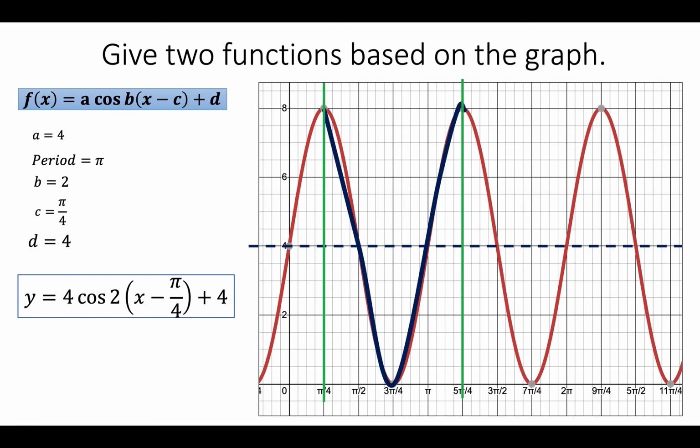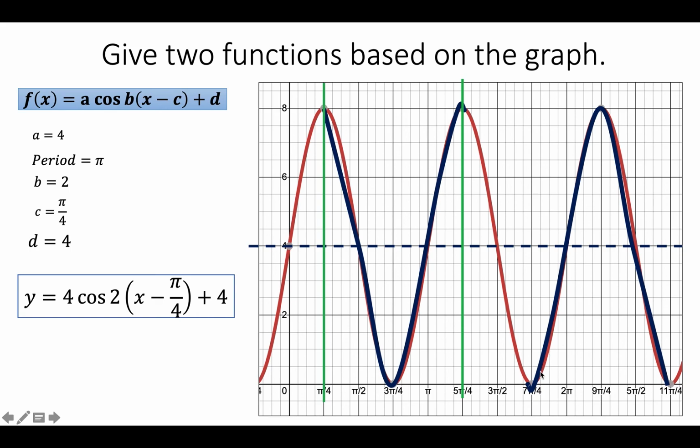So there are many answers for the cosine and sine functions here. I just want to give you one more cosine function example. What if I use this cycle? I'm going to use this portion of the graph, from 7 pi over 4 to 11 pi over 4. Still the same period, it's still pi, right?